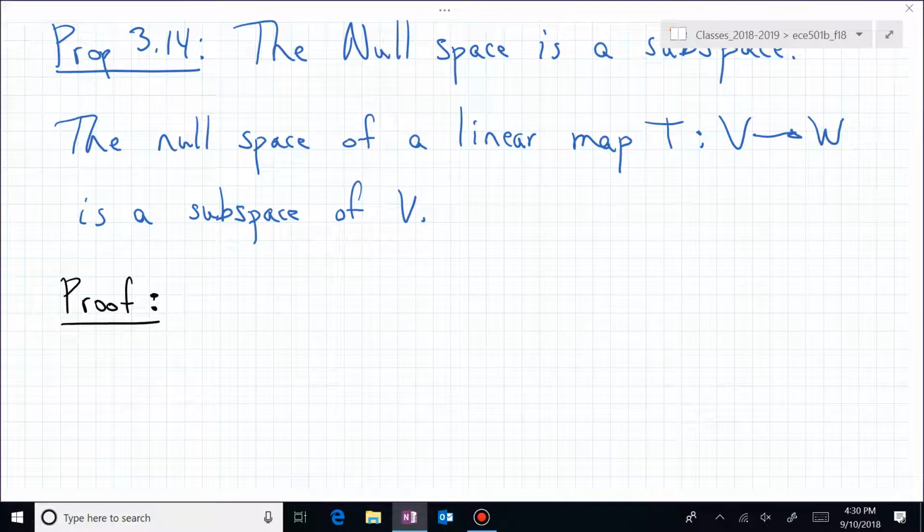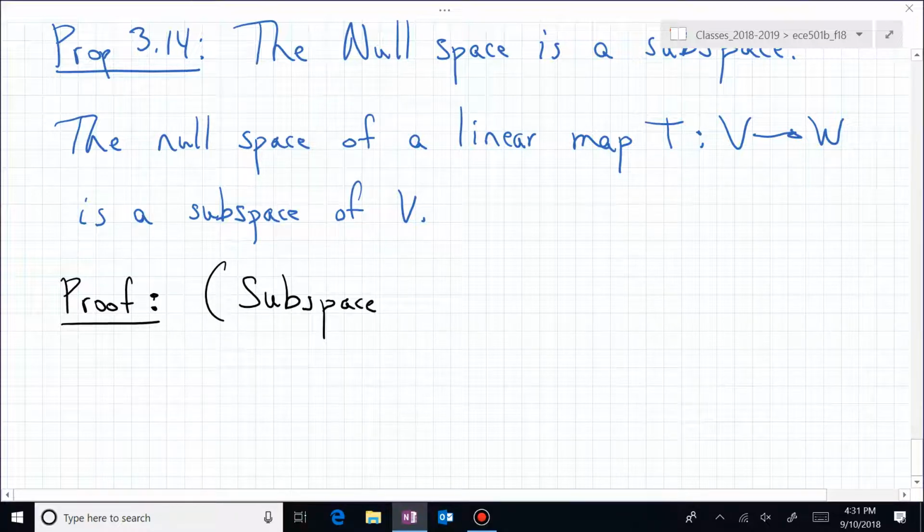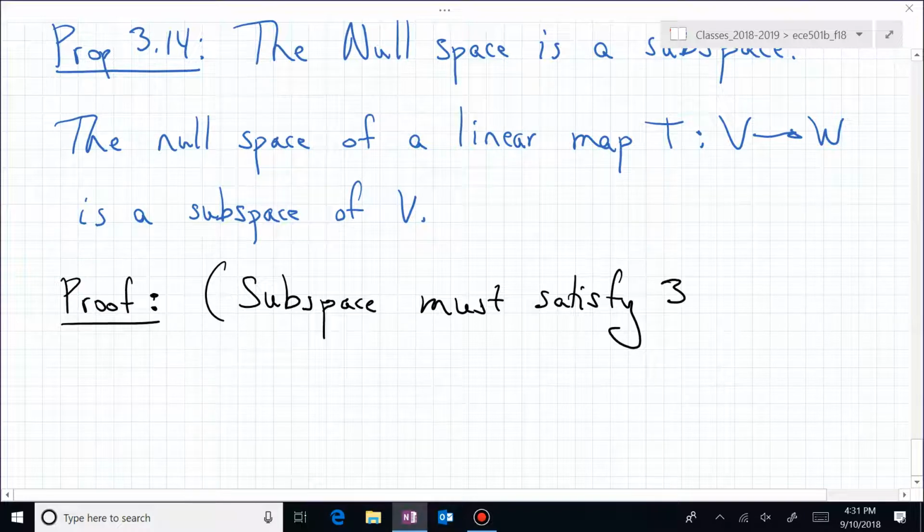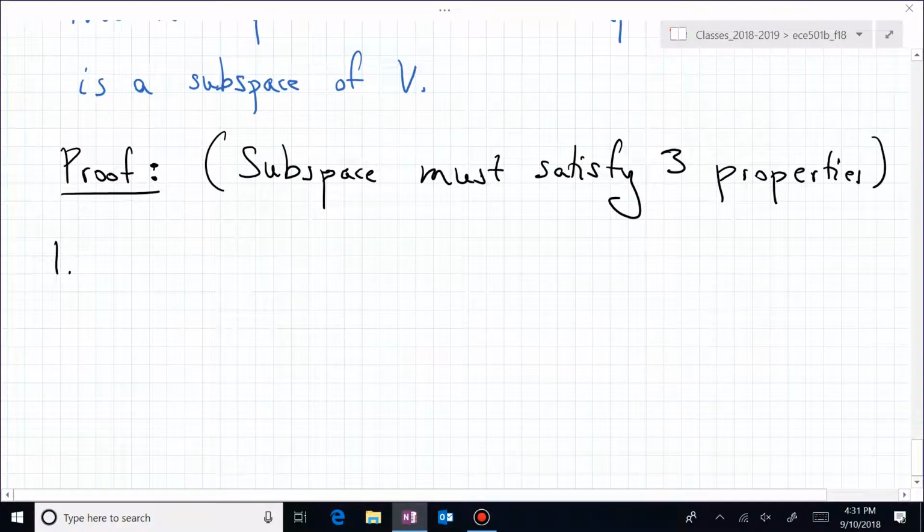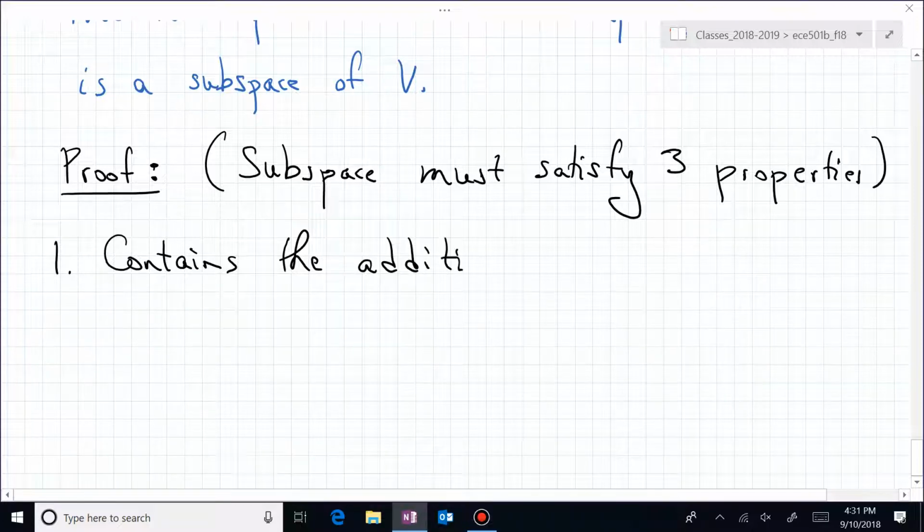If we can show that that's true for the way we've created this null space definition, then in fact it's a subspace. Here then, to keep us grounded, the subspace must satisfy three properties. One is that this null space contains the additive identity.